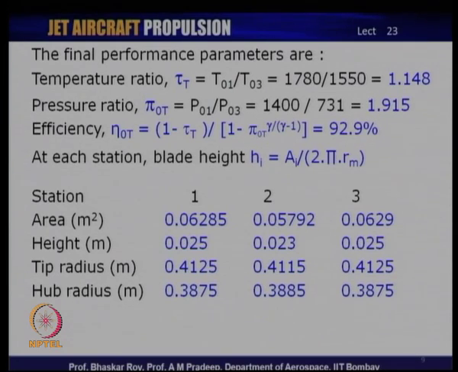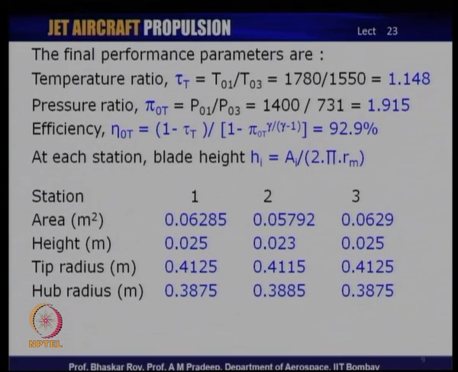The performance parameters that we get from this in terms of temperature ratio, the total temperature ratio is 1.148. The total pressure ratio or the pressure drop across the stage is 1.915, which is a modest total pressure ratio across a turbine stage. Many of the modern turbines could possibly have much higher pressure ratio across their stage.